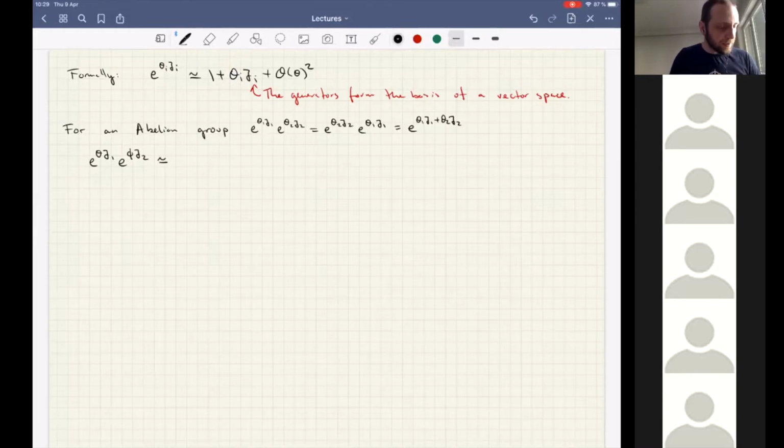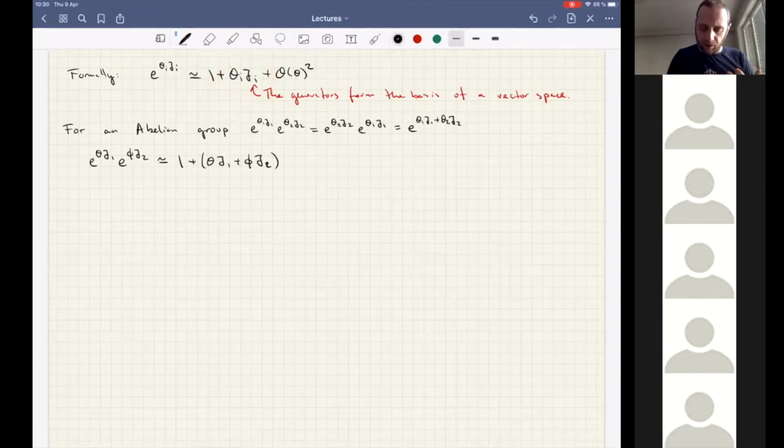So if I do this, I end up with a 1, which is just 1 times 1. Then I have this linear combination theta J1 plus phi J2, as I thought I would have to linear order, because this is a vector space and I can add vectors in that space.